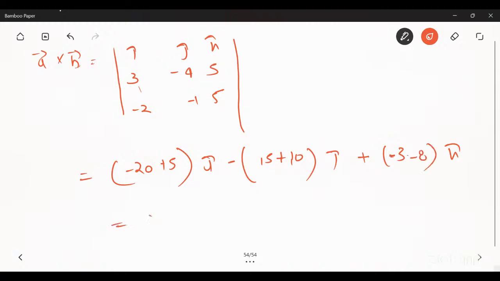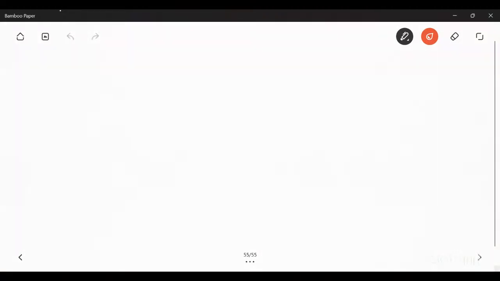So minus 15 i cap minus 25 j cap and minus 11 k cap will be the vector product of these two vectors.